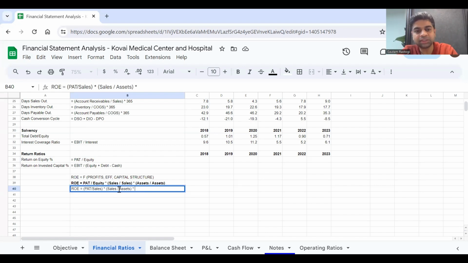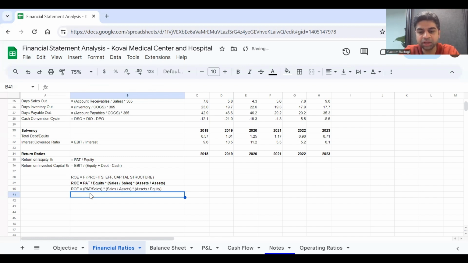The third is assets divided by equity, and this is called leverage. So ROE basically is net profit margin, or PAT margin, into asset turnover ratio into leverage.